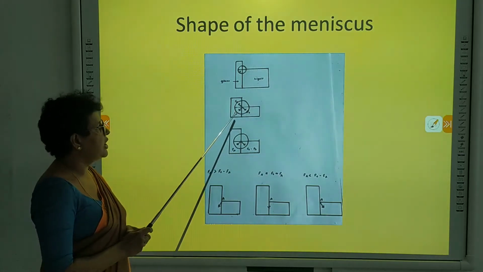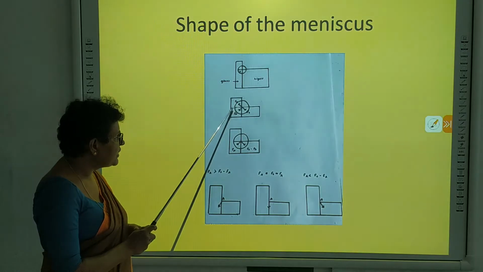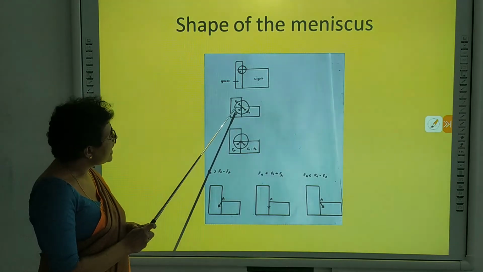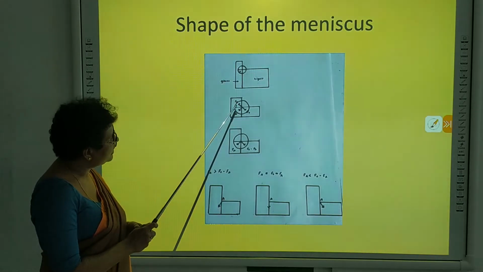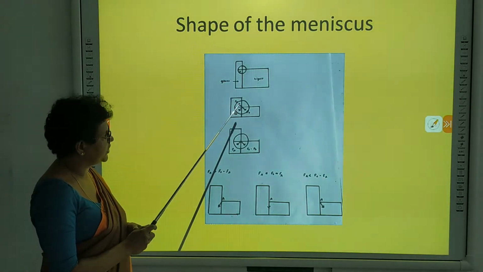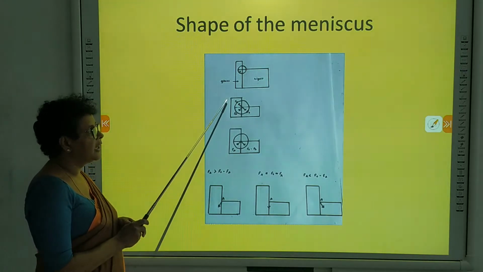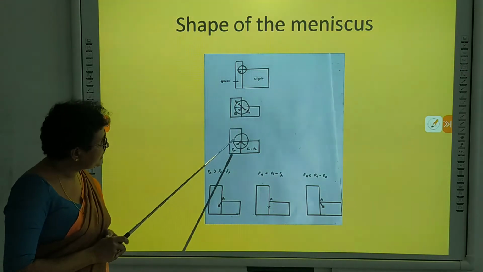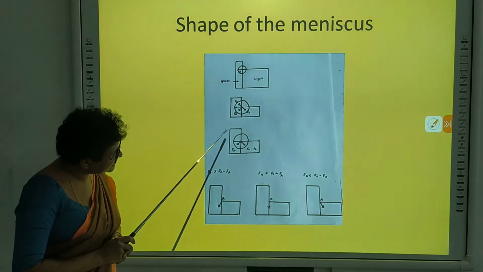Here you have Fa, the adhesive force, 45 degrees to this surface downward, and this other one, again adhesive force Fa, is also 45 degrees upwards. Now I told you that Fc is always greater than Fa. Therefore you can subtract Fc minus Fa and get the resultant force this way.